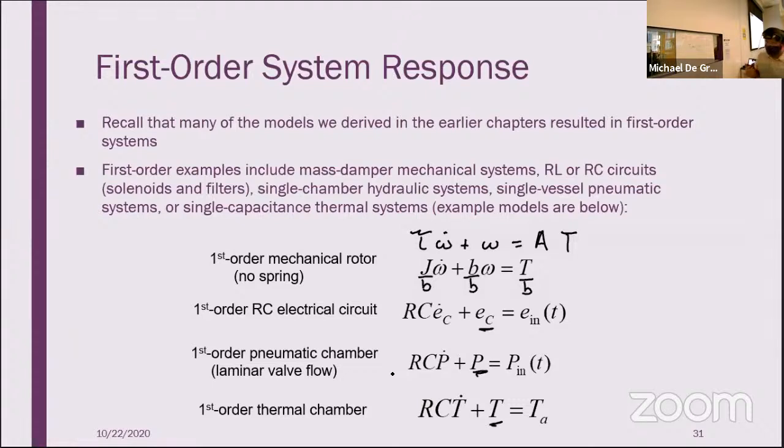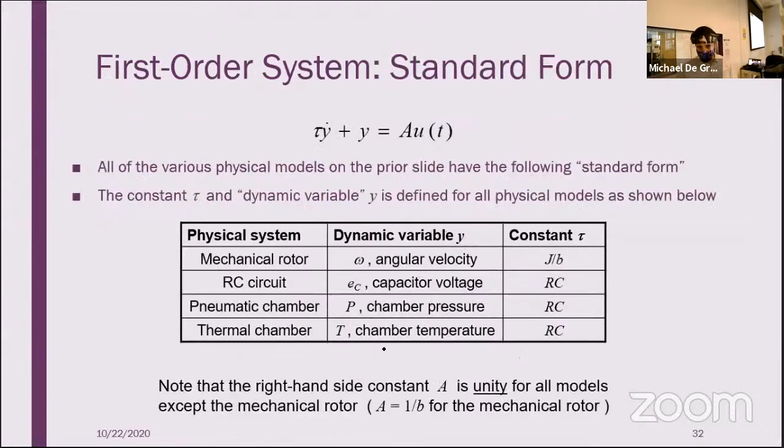When he says clear, what does he mean? The form here is that you want y to have a coefficient of 1. You're going to clear the coefficients from the front of y in the standard form. And that's how you get tau, and that's how you get A.